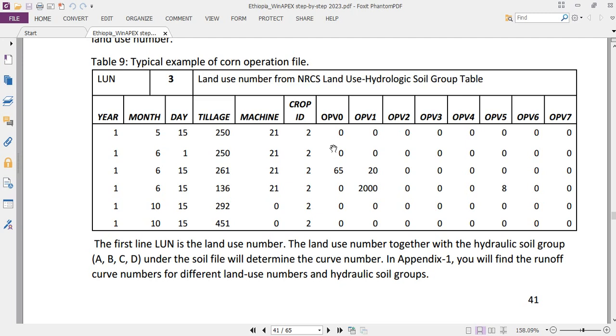But if we tell the model to replant, it may take a longer period to regenerate, and that will underestimate our biomass. So if you know the difference in days between germination and the regrowing period, you might compensate for those days during your planting.